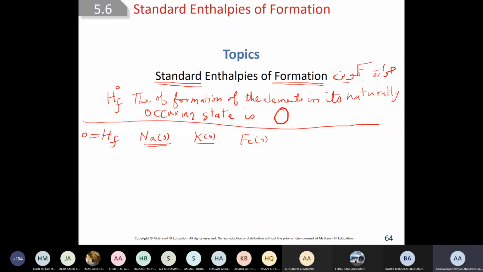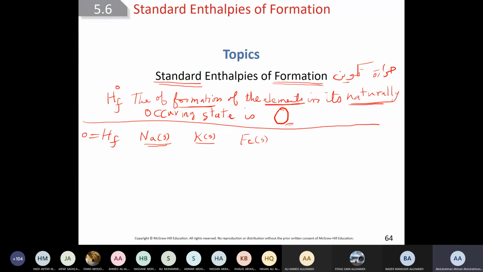That's the meaning of heat of formation for an element. So the heat of formation of an element, how it is available naturally, in its naturally occurring state, is considered to be 0.